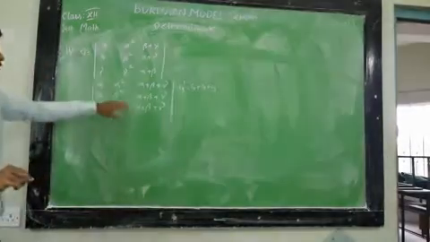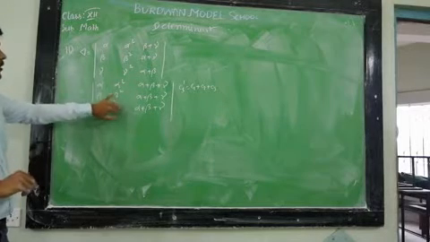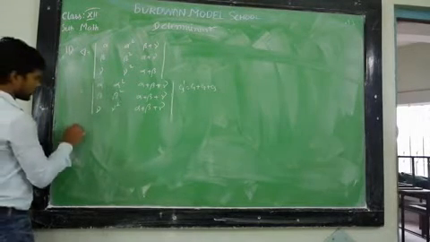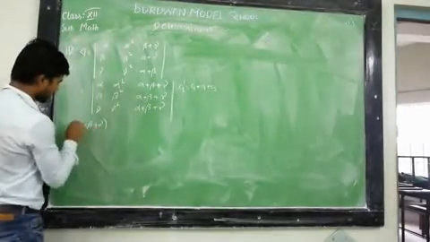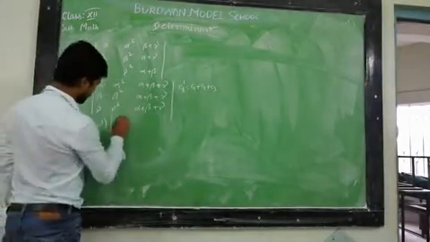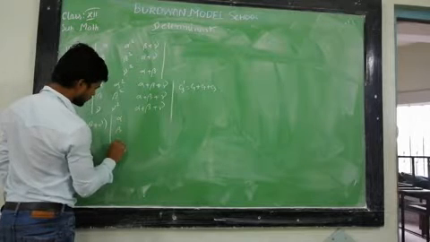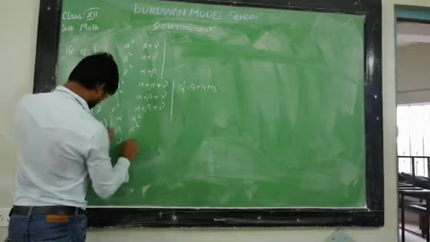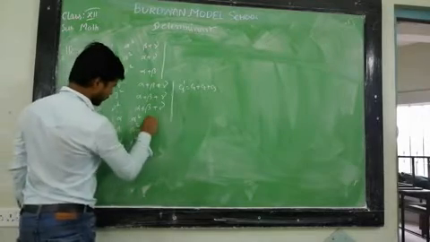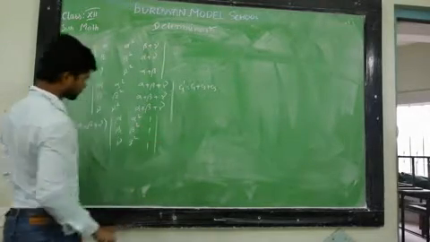We can see that we can take alpha plus beta plus gamma common from the third column. So alpha plus beta plus gamma into the determinant alpha, beta, gamma; alpha square, beta square, gamma square; 1, 1, 1.